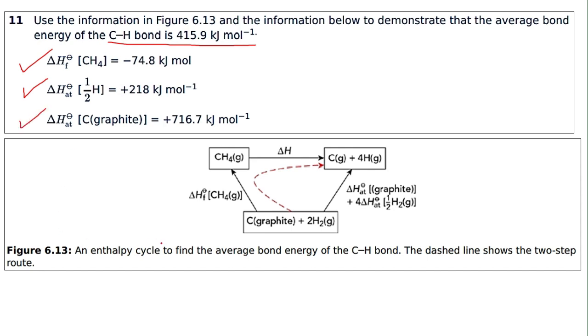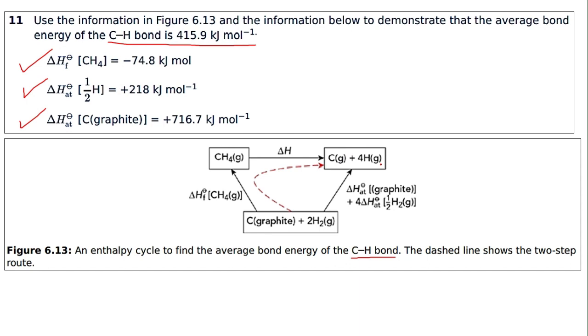So here is the figure 6.13, in which we have an enthalpy cycle, and this cycle is actually used to find the bond energy of a single CH bond. In this cycle, you can see we have the CH4, and by delta H, it is going to change into elements carbon and hydrogen.